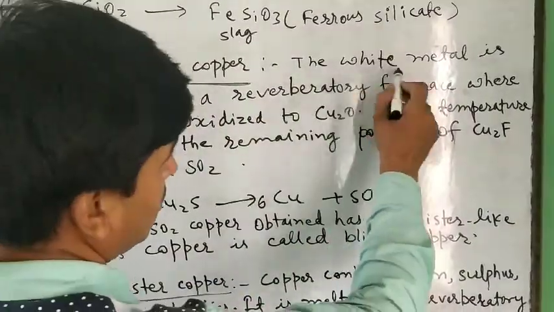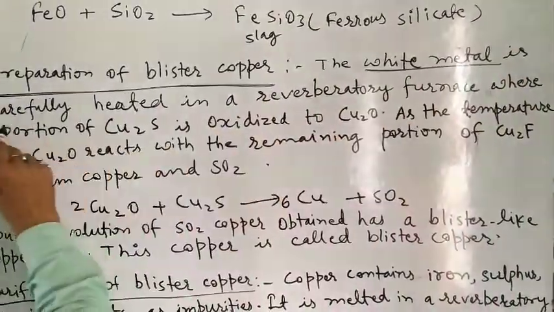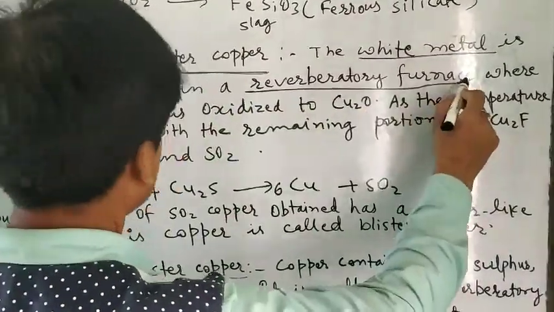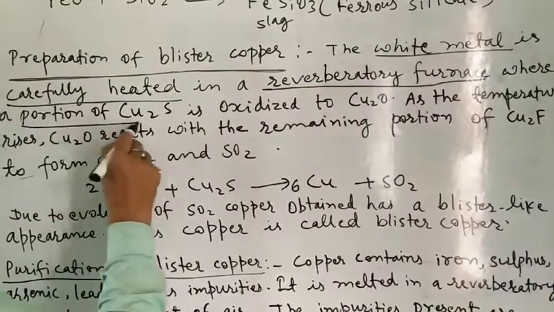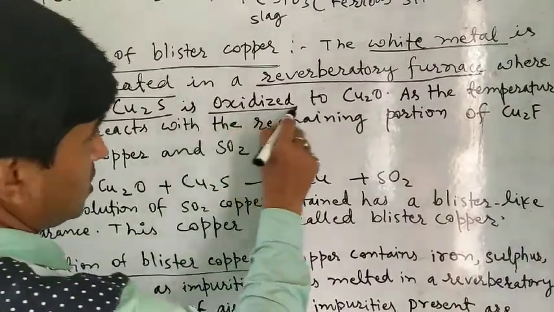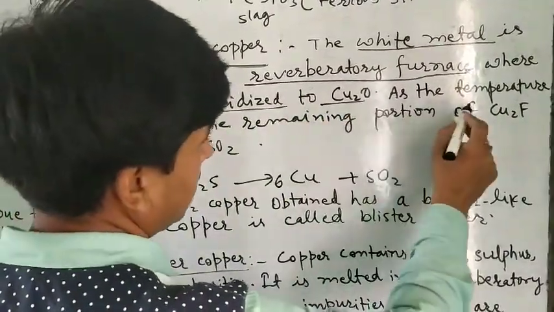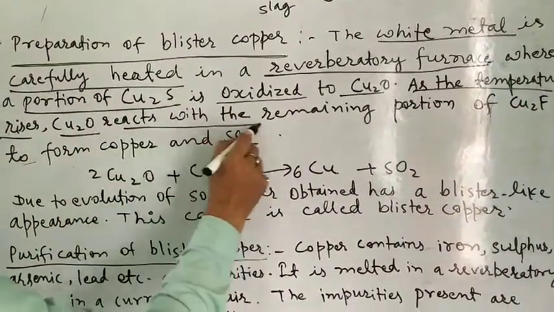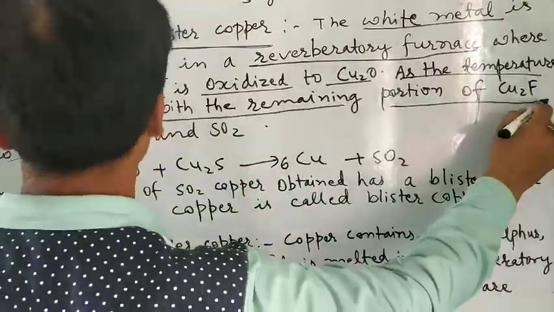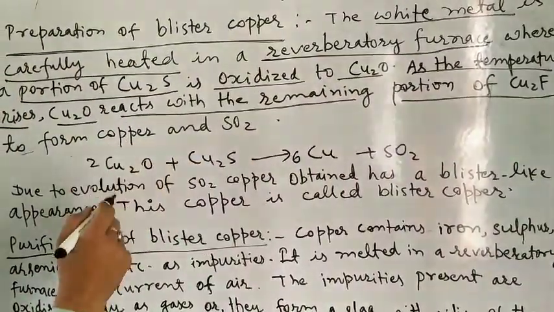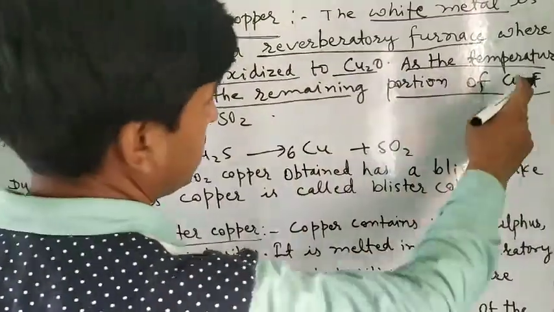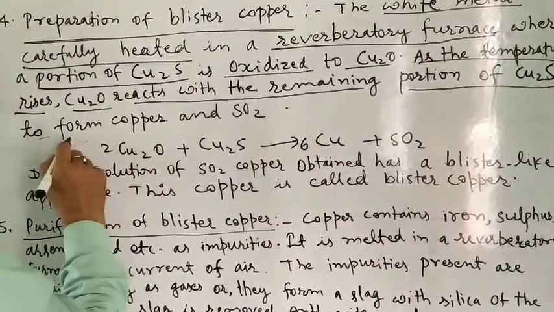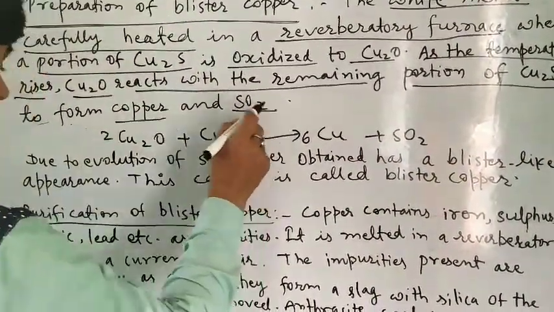In this process, white metal is carefully heated in a reverberatory furnace, where a portion of copper sulfide is oxidized to copper oxide. As the temperature rises, copper oxide reacts with the remaining portion of copper sulfide to form copper and sulfur dioxide.